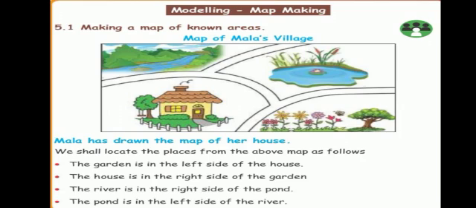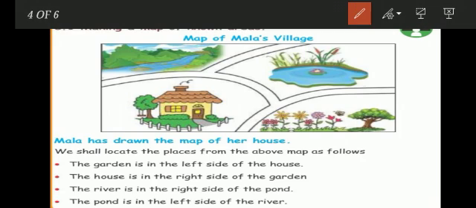Okay. Mala has a river, a barn, and then a house, a home, a garden. We shall locate the places from the above map as follows. The garden is on the left side of the house.